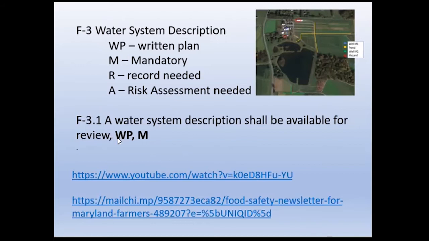This is a written plan that is necessary and it is mandatory. So what you're going to want here is a description that includes all of your sources and their distribution networks. You're going to want to indicate flow. You can use maps as I did up here in the upper right-hand corner. This is a capture from Google Maps and then overlaid with, I know it's a little tiny, but you can see the piping here, you can see the water sources, and the flow would be indicated with little arrows.